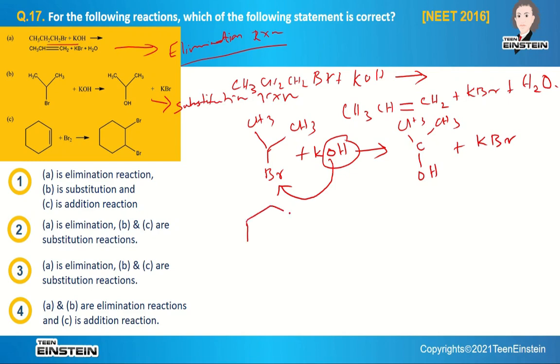So next come to the third reaction. Here hexene reacts with bromine and gives dibromo compound.